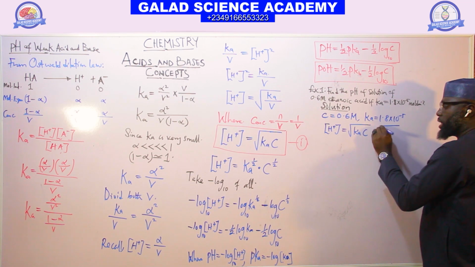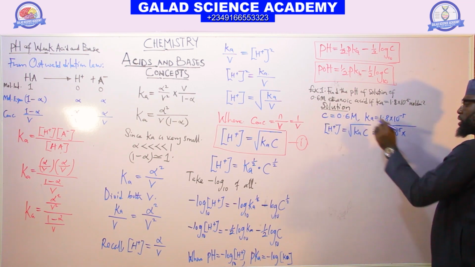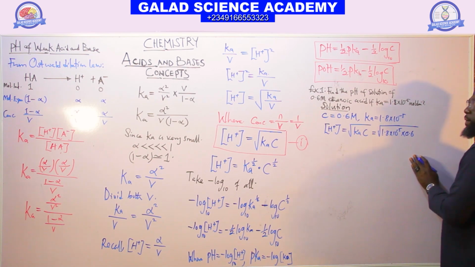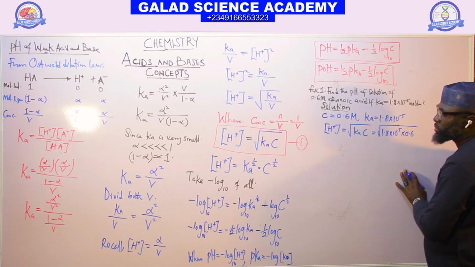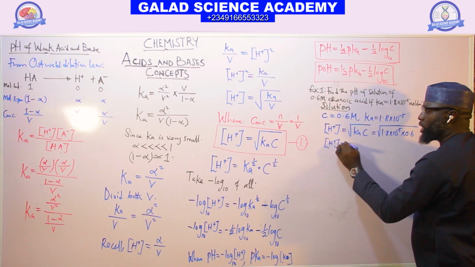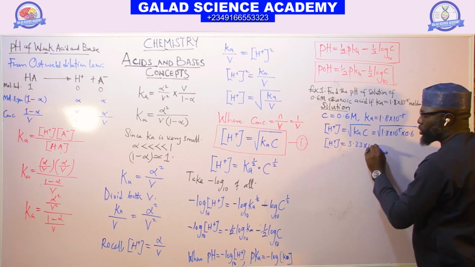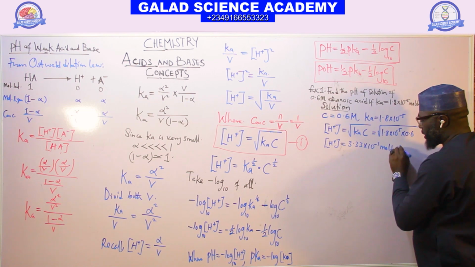Ka is 1.8 times 10 raised to the power minus 5 multiplied by 0.6 molar. Press the calculator. The concentration of hydrogen ion here is 3.3 times 10 raised to the power minus 3 mole per dm cube.